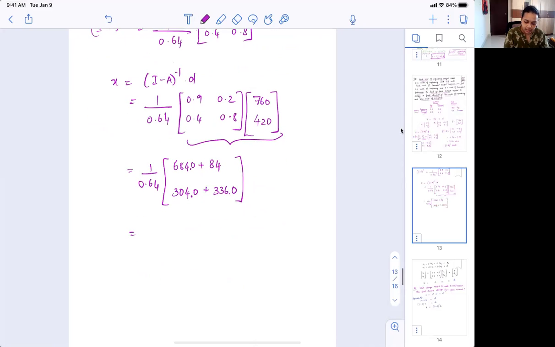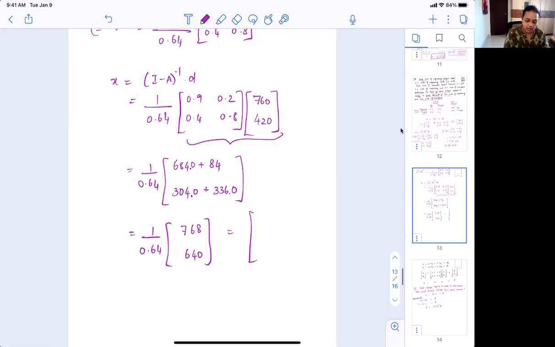So let's see. So this is 1 by 0.64. We have 684 plus 84, so that's 768. And 304 plus 336 is 640. So let's see, 64 times 10 will be 640, and 64 times 100 will give us 6400.